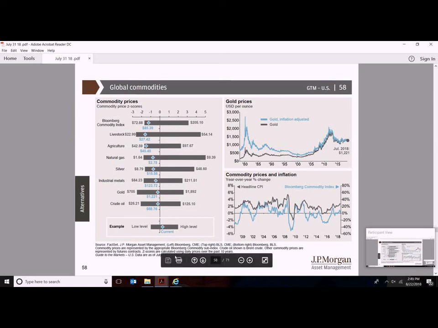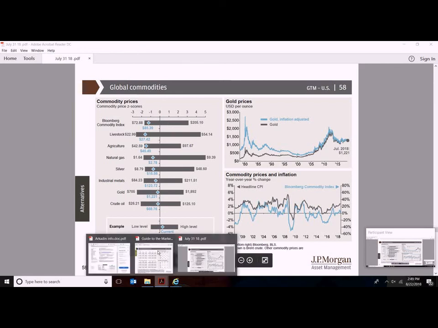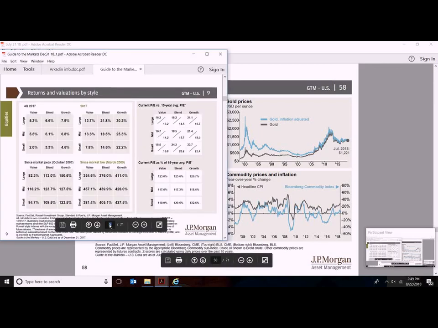So when the price of a commodity is positive, or right of 0, it's historically expensive to buy based on a 10-year average. And when you have a negative Z-score, it means that it's cheap to buy or own relative to history. So you can see that on a Z-score level, almost all of these commodities are still to the left of 0 in negative Z-score range.